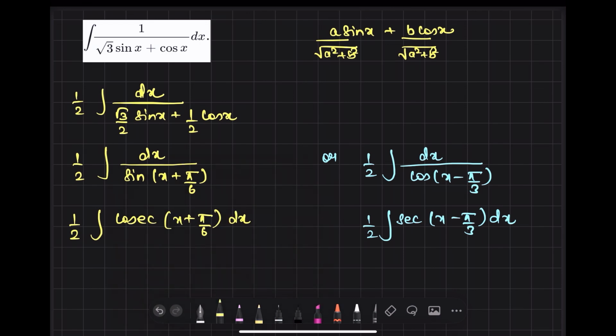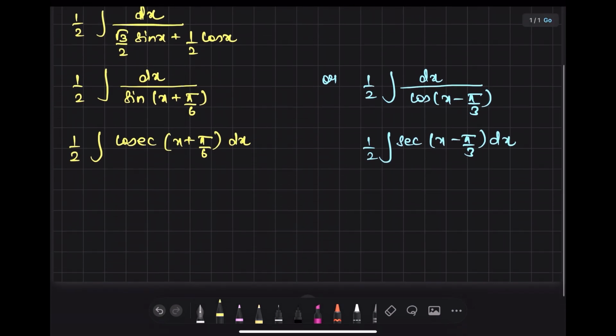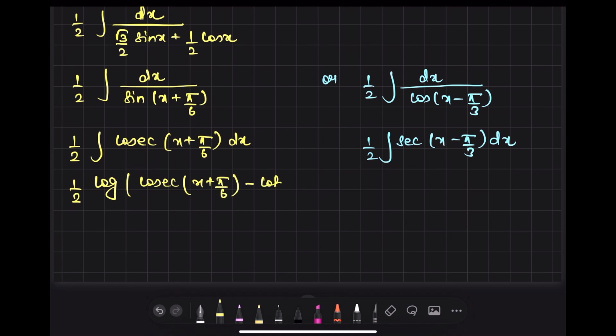Now let's solve the first component. The integration of cosec x is log|cosec x − cot x|. So cosec(x + π/6) − cot(x + π/6) plus the integration constant c.